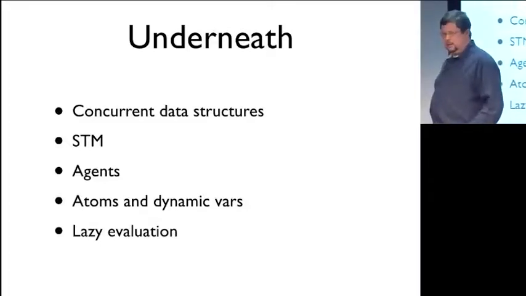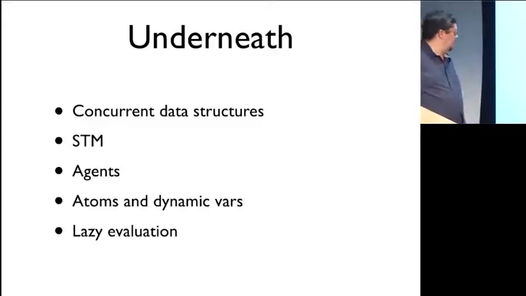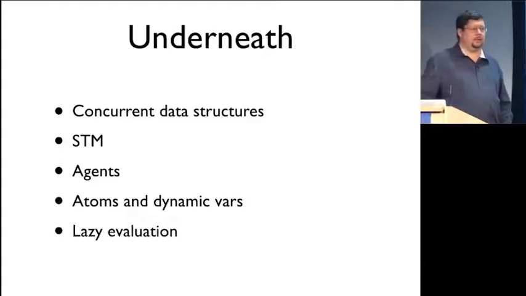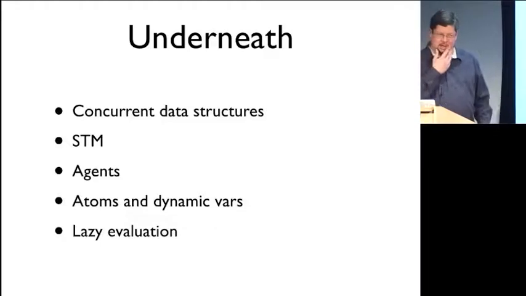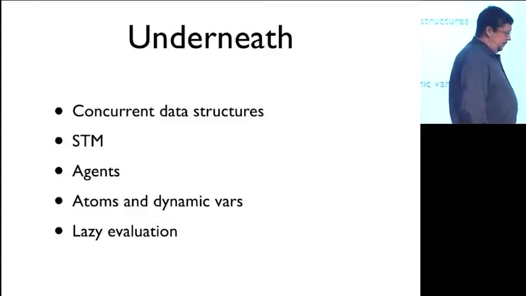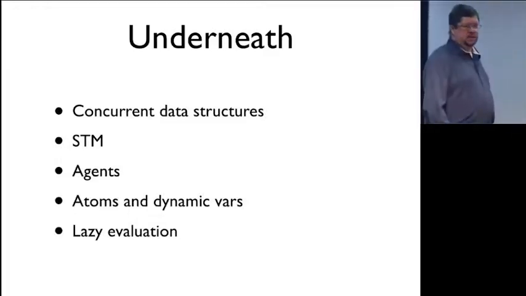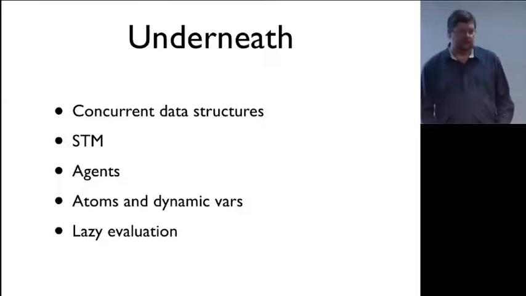There are atoms and dynamic vars, dynamically scoped variables, which would be used like a thread local variable in Java or Ruby. And as we heard in the first talk this morning about Haskell, Clojure is lazily evaluated in most places by default. It's not as pure and rigorous about that as Haskell is, but most of the potentially expensive operations on sequences are defined to be lazy.